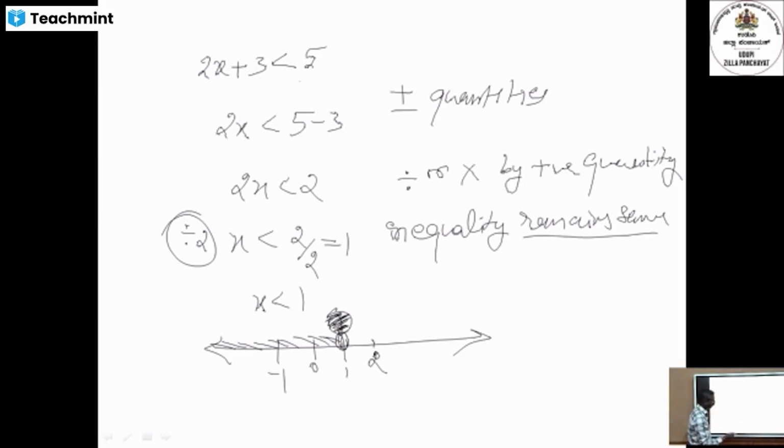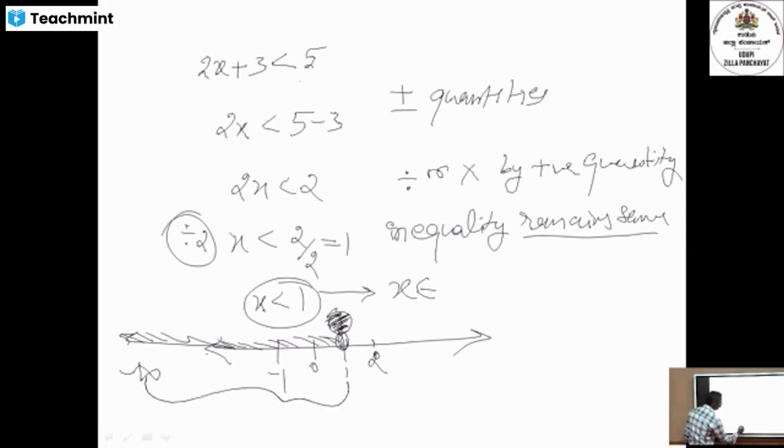If you consider x less than 1 as an interval, this means x belongs to, from where to where? It goes till minus infinity. So it will be from minus infinity to 1. 1 is not included, therefore it will be an open bracket.